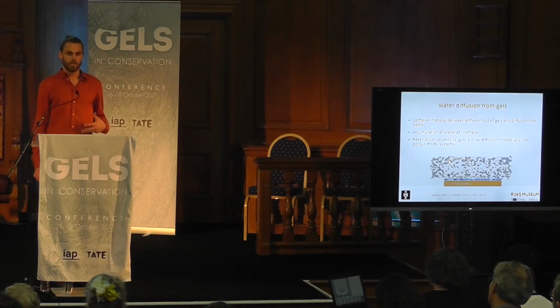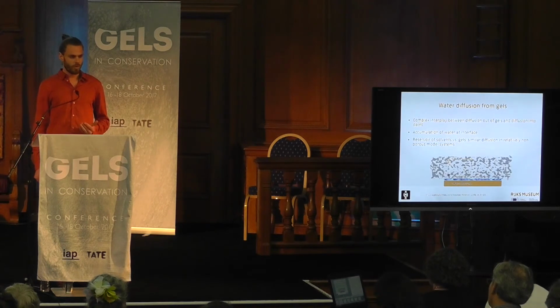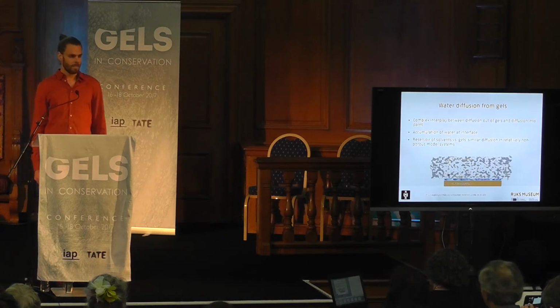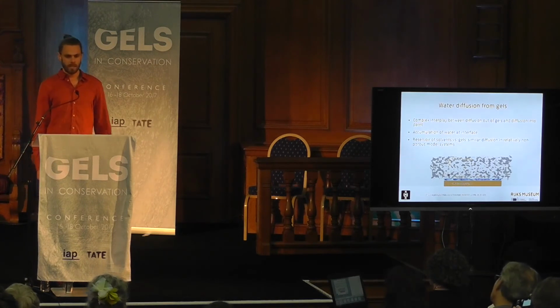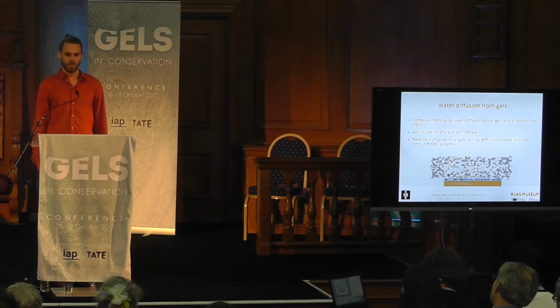This explains how the results for release from free water and water confined in a gel are so similar. And we expect that in more porous systems this would show different results.